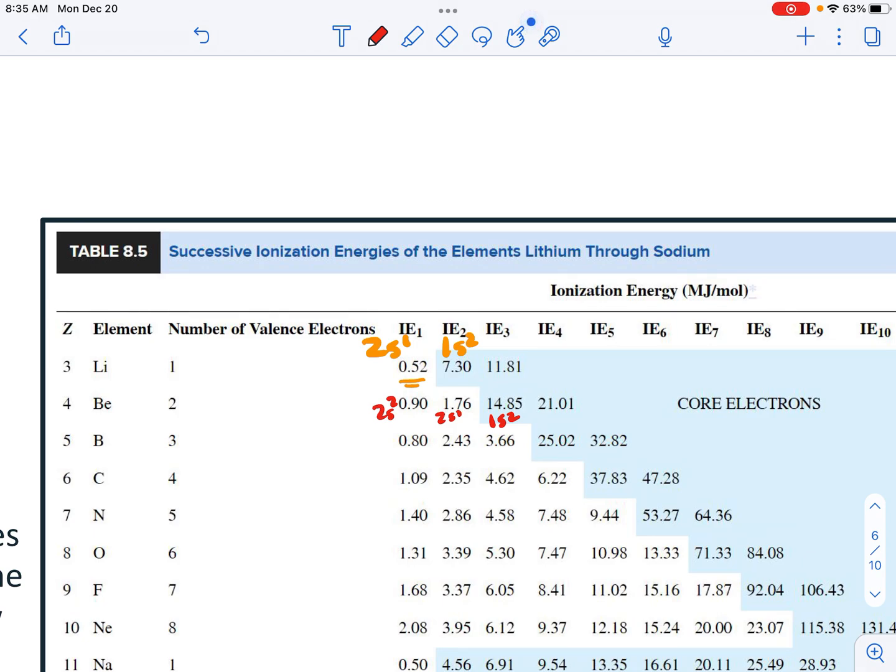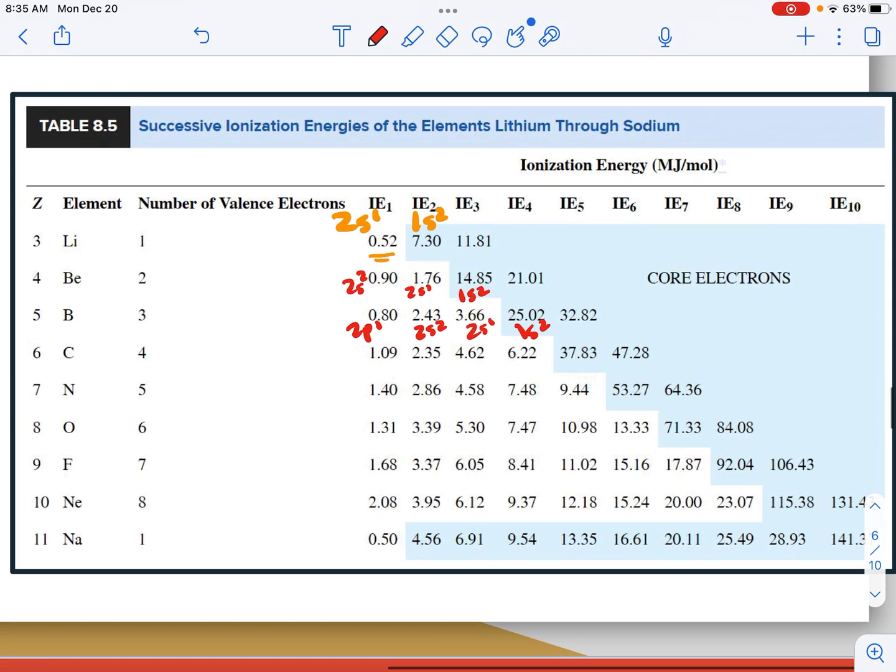So you can follow this pattern and keep going. And this for boron would be the 2p1 electron, and then the 2s2 electron, and then the 2s1 electron. And now we're in the first energy level. So if you're asked to tell how many valence electrons something has by using successive ionization energies, look for that really big difference.